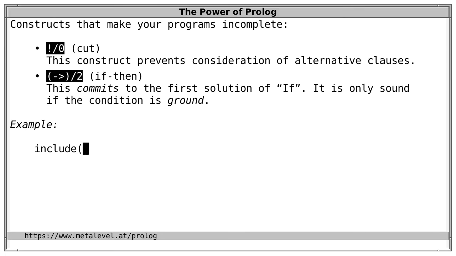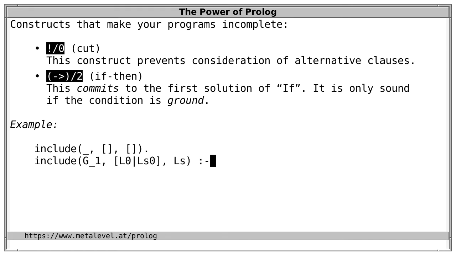For instance, let's define a meta predicate include, where the first argument is a partial goal that holds for all elements of a list which are included. So if the list is empty, then no elements are included, no matter the goal. And for lists with at least one element, it depends on whether the partial goal holds for the element.